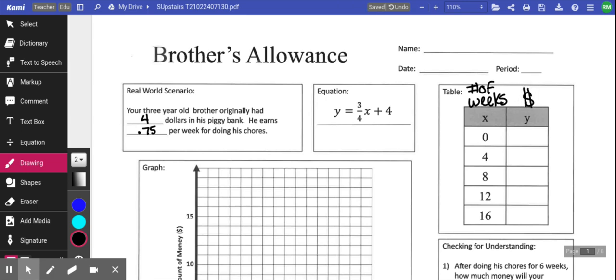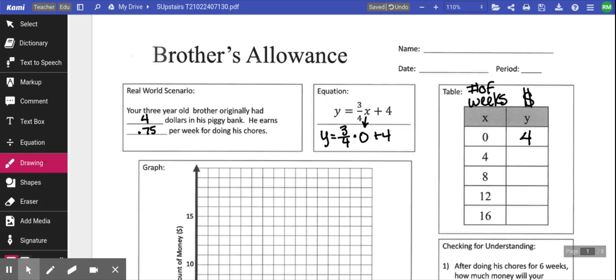So the first one we want to see at 0 weeks. So we'll say Y equals 3/4 times 0, because that's what X is here, is 0, plus 4. So 3/4 times 0, or any number times 0, is 0 plus 4. Well, he has $4 in his piggy bank.